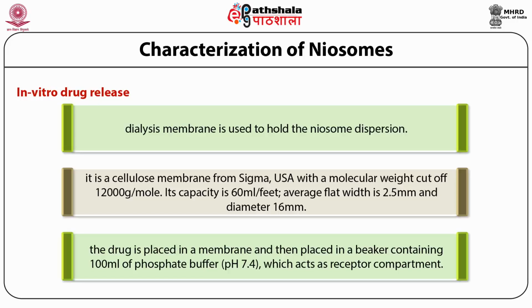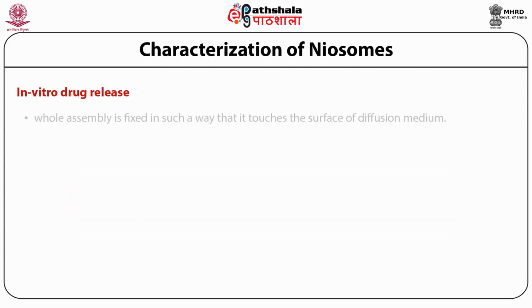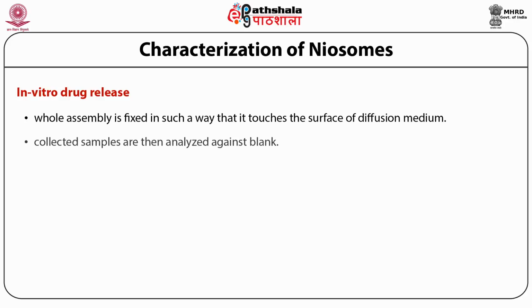This is used as a receptor compartment. The whole assembly is fixed in such a way that it touches the surface of the diffusion medium, the receptor compartment. The samples are collected and analyzed against the blank, and the percentage drug released from the neosome formulation is calculated.